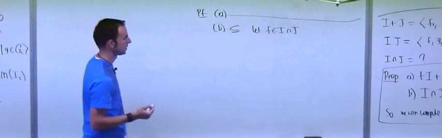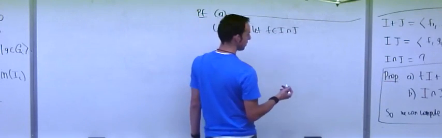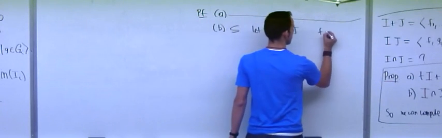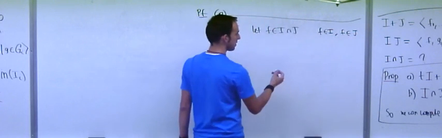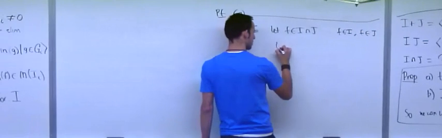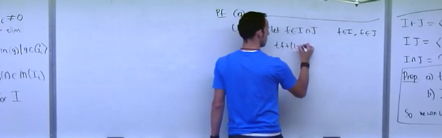Well, what I can do is, f lives in I and f lives in J. And so that means that I can look at this guy, Tf plus 1 minus Tf.